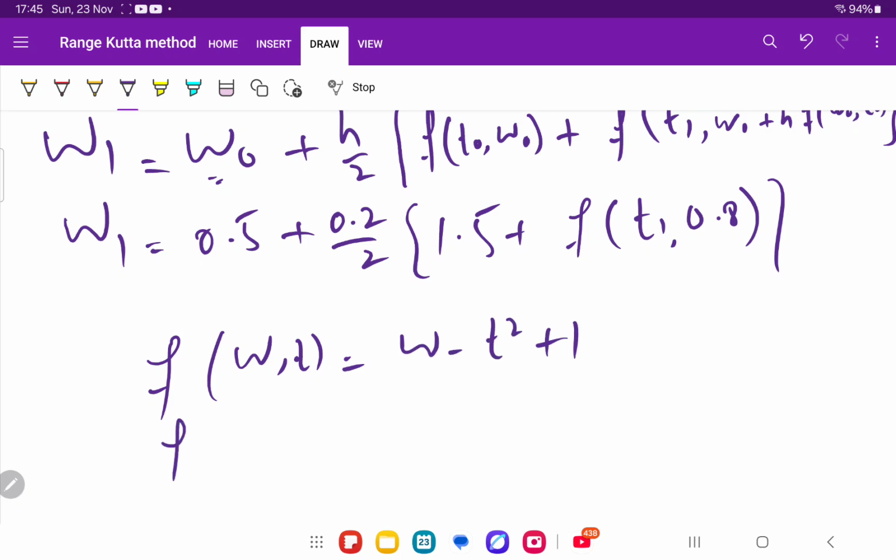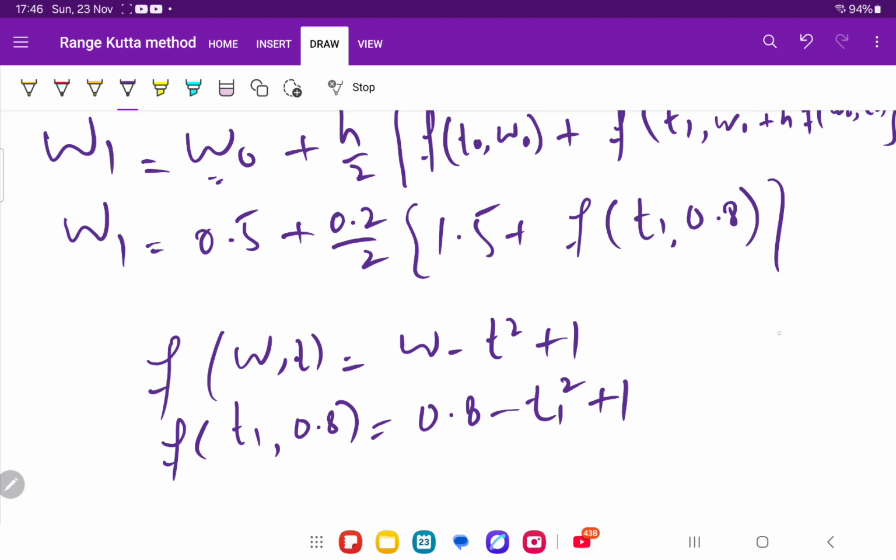This function must be calculated at t1 and w is 0.8. The order doesn't matter, because sometimes I write w first, sometimes t first. So w is 0.8, and wherever t appears, it will be t1 square plus 1.